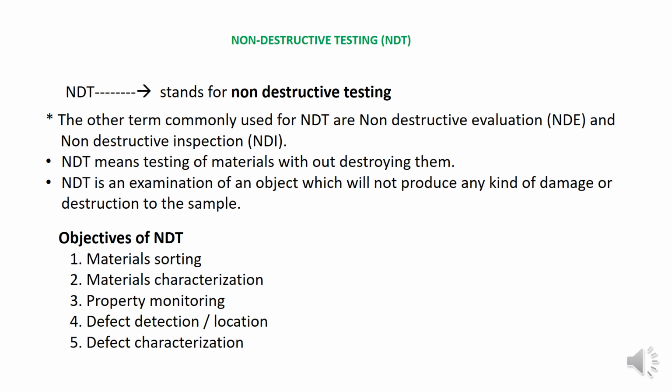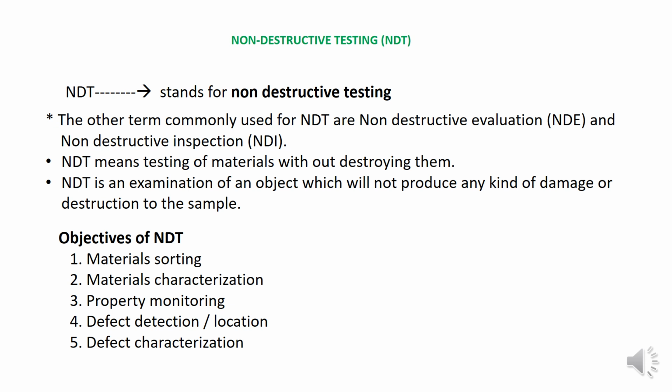It is called destructive testing. But here the component is not going to be damaged, so we are reusing this type of specimen again. This is the major difference between destructive testing and non-destructive testing.